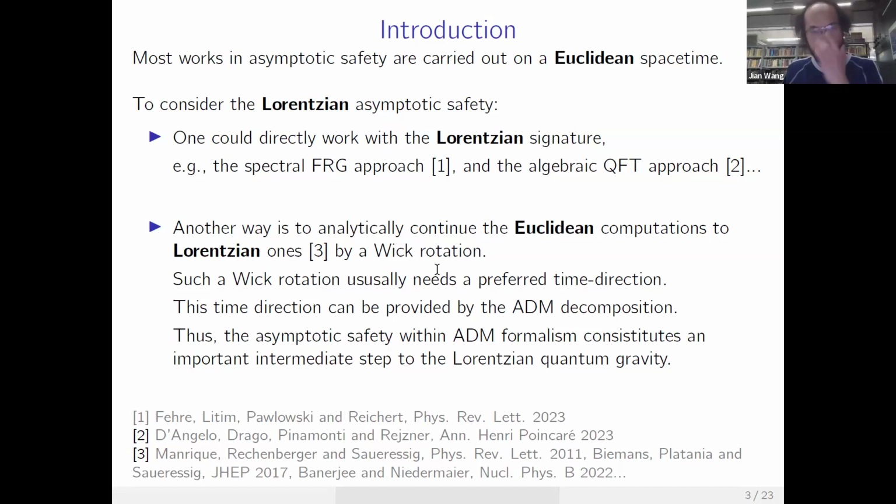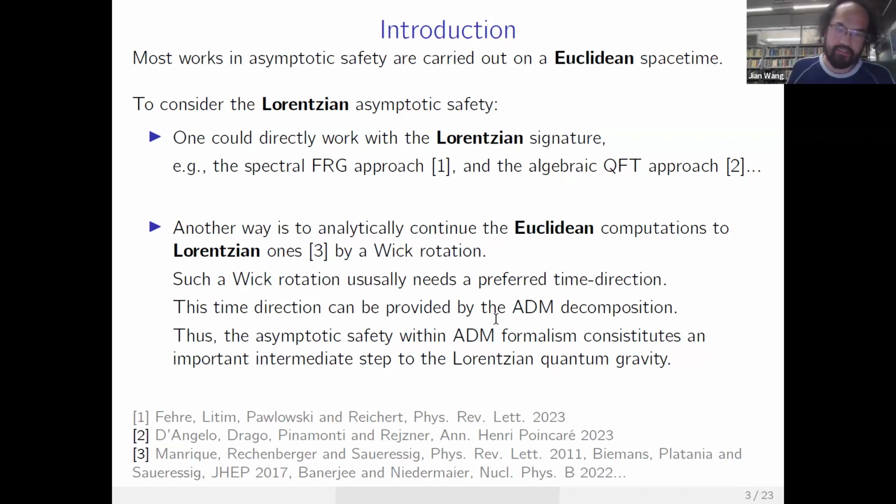Another way to include the Lorentzian signature is that we could analytically continue the Euclidean computations to the Lorentzian ones by a Wick rotation. Usually, such a Wick rotation needs a preferred time direction, and this time direction can be provided by the ADM decomposition.